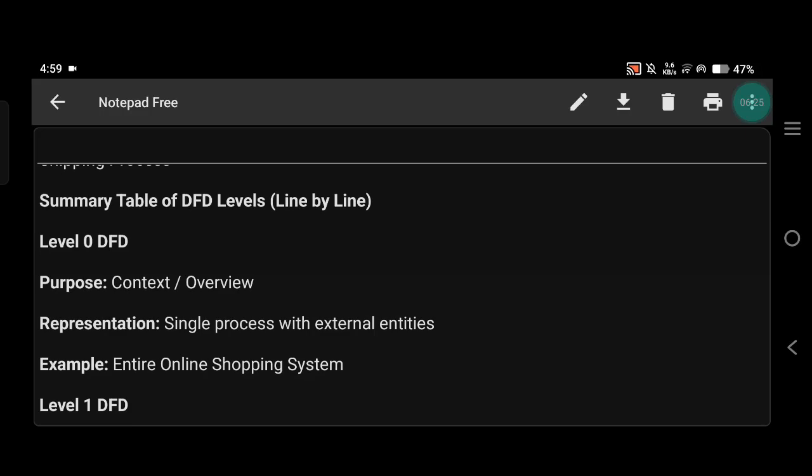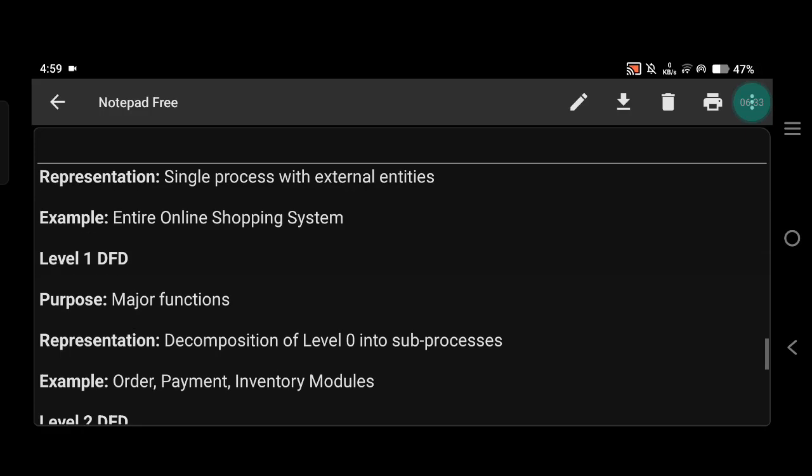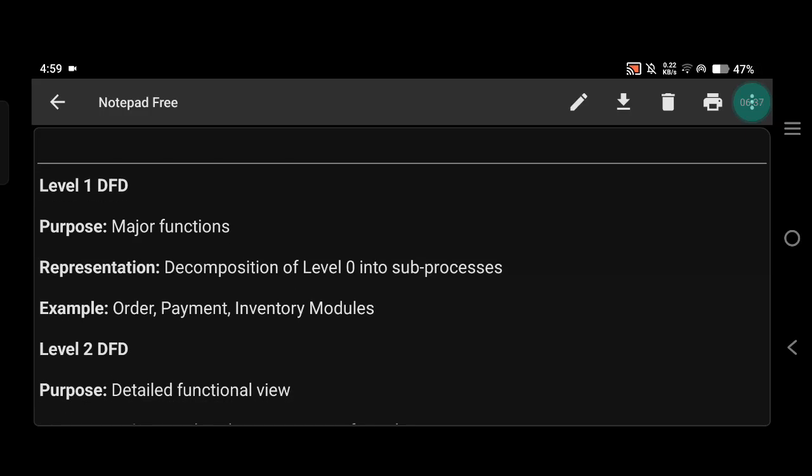Summary table of DFD levels, line by line. Level 0 DFD: purpose, context overview; representation, single process with external entities; example, entire online shopping system. Level 1 DFD: purpose, major functions; representation, decomposition of level 0 into sub processes; example, order, payment, inventory modules.